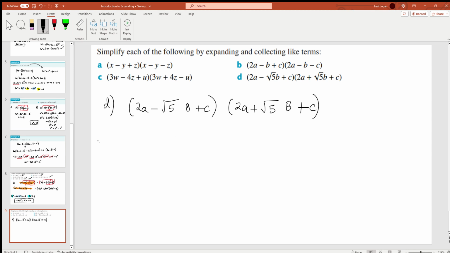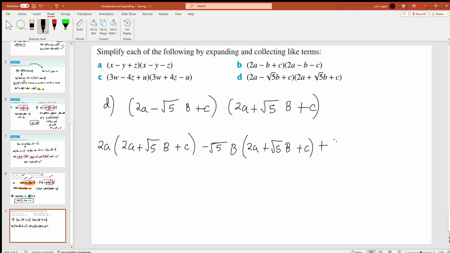So I can rewrite this as 2a times by (2a plus square root of 5b plus c), minus the square root of 5b times by (2a plus square root of 5b plus c), plus c multiplied by (2a plus the square root of 5b plus c). Righto, so multiply this to that, to that, to that, same as before.